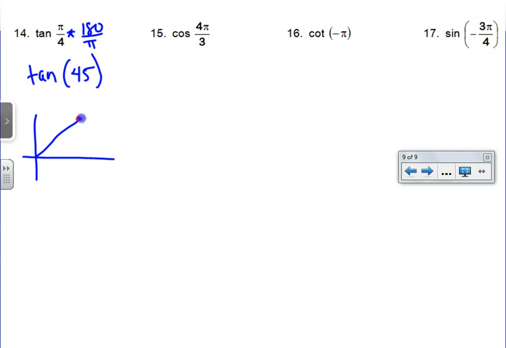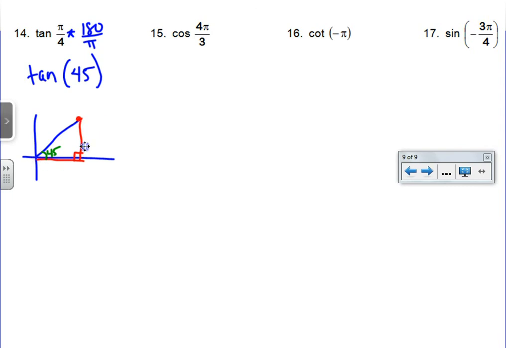And then stop your ray and create a triangle. Is your answer going to be positive or negative? It's going to be positive because you're in quadrant 1 and everybody's positive in quadrant 1. Okay, what is the angle right here in this triangle? 45 degrees. So we have a 45, 45, 90.